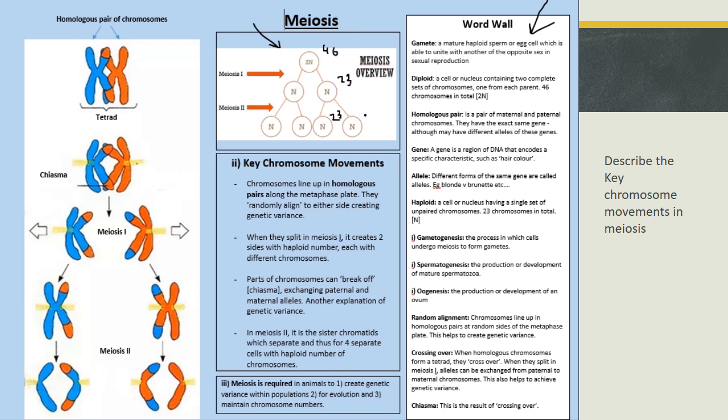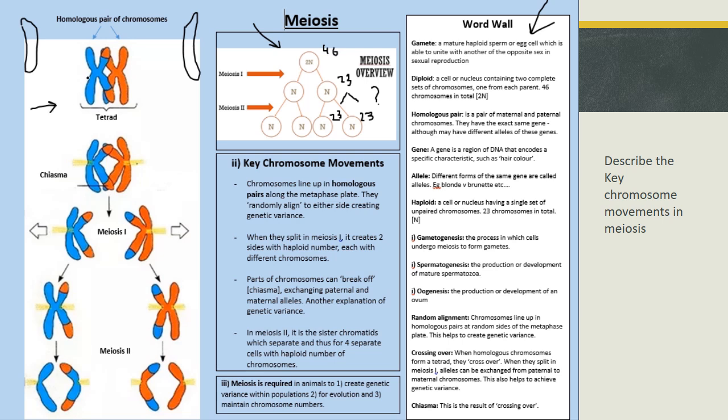Now when we look at this, as I said in the previous videos, how does 1 46 split into 2 23s? And the answer lies in this starting stage. And it's the same thing that happened in mitosis. You start with a chromosome, and in this case we're going to look at homologous chromosomes, which is what the blue and the red mean.